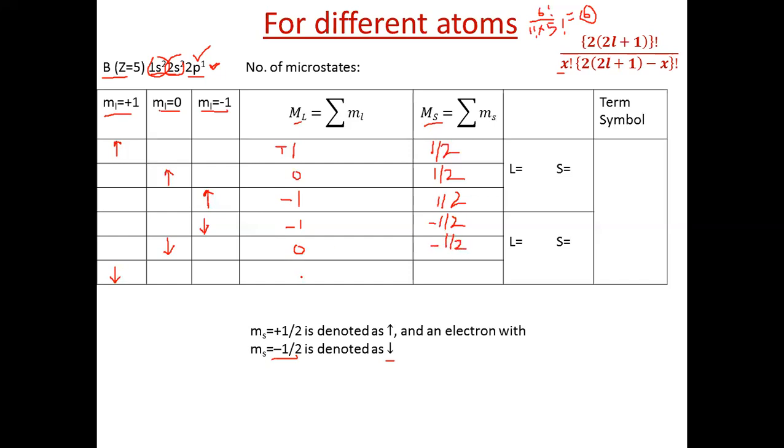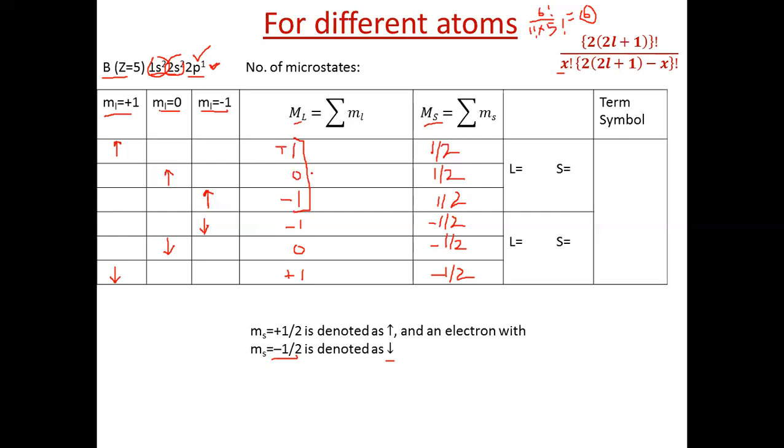This is plus 1, minus half. Now we will carefully see, first we will calculate L. We have to arrange them in groups: plus 1, 0 and minus 1.